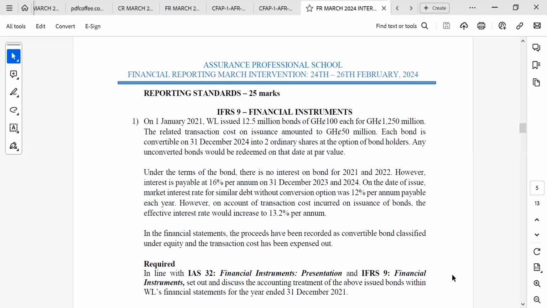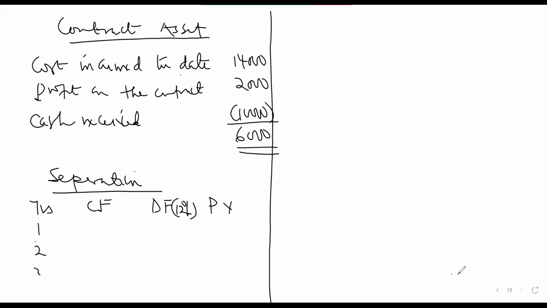The bond is issued on 1st January 2021, and it will be convertible or redeemable on 31 December 2024. How many years is that? 2021, 2022, 2023, 2024. 4 years. Okay. So sometimes we use annuity, but let's do it 1, 2, 3, 4. Sometimes you can use annuity to present value the coupon.